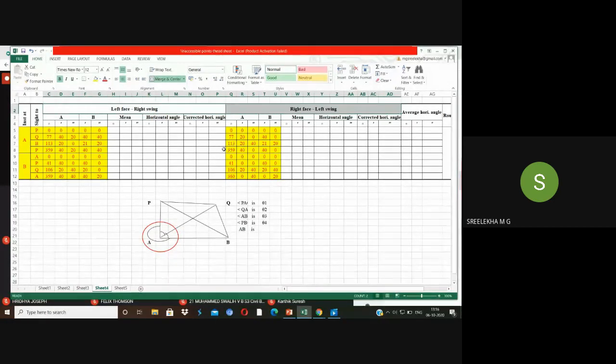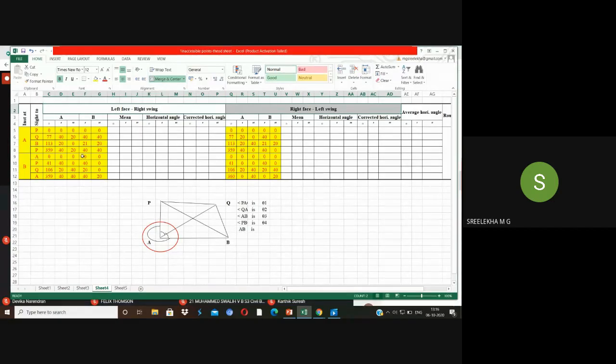So after sighting from the point A, now you are changing the instrument, shifting the instrument to the point B. And here the corresponding values are entered here from B to the point A. We are sighting from B to the point A, then to P, then to Q, like that. Same order we'll have to maintain here also. So sighting to the point A, whatever be the initial value, vernier reading should be 0, 0 only.